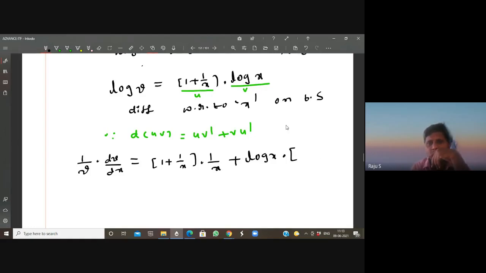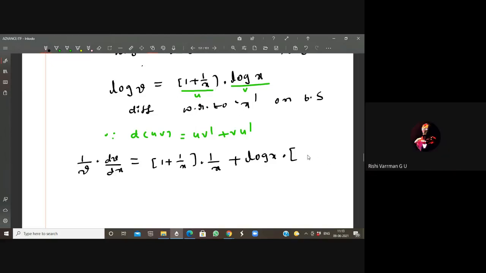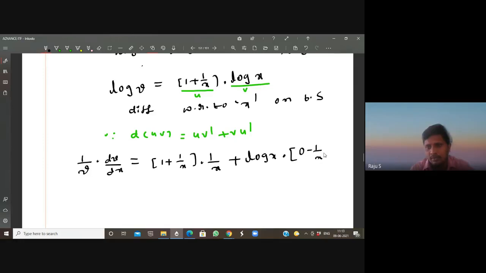That is vu dash. u means 1 plus 1 by x. The derivative is minus 1 by x square. Right. Now you can cross multiply this v. We require dv by dx alone.